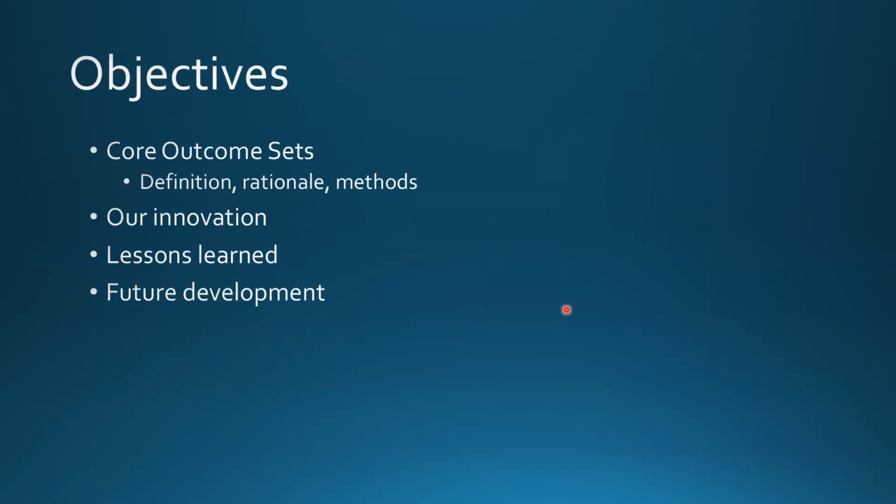For this presentation, what we're going to do is talk a little bit about core outcome sets, about what they are, why we use them, and what the process is. And then I'll talk a little bit about our innovation, how we tweaked that process, and the lessons that we learned from it. And then a little bit about where we might go next with the method.